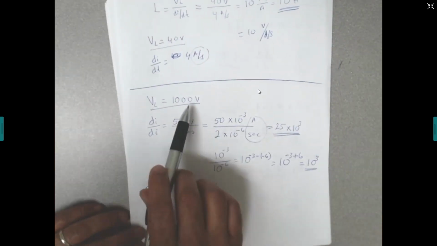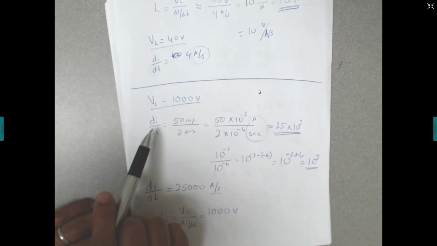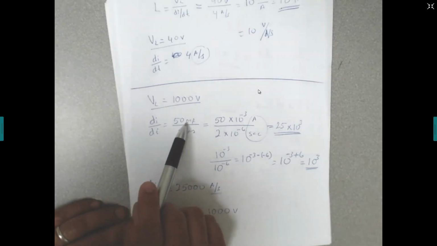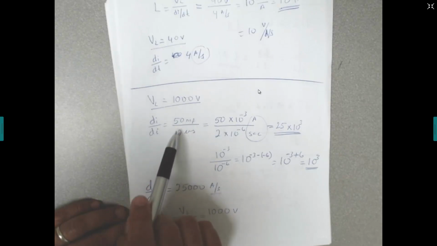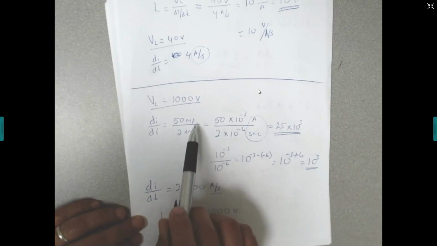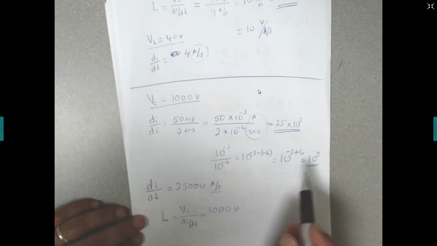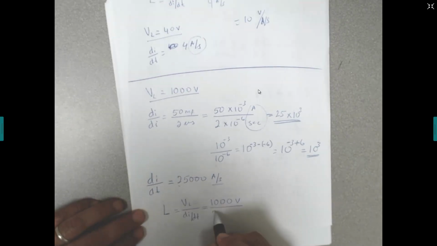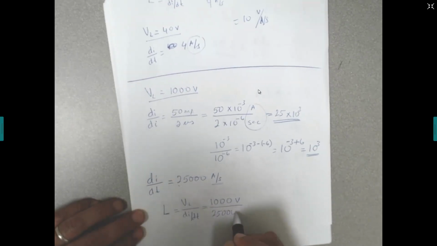They tell you that the current changes 50 milliamps every 2 microseconds. So when we change this to amps per second, we end up with 25,000, right? So that's going to be 1000 divided by 25,000.